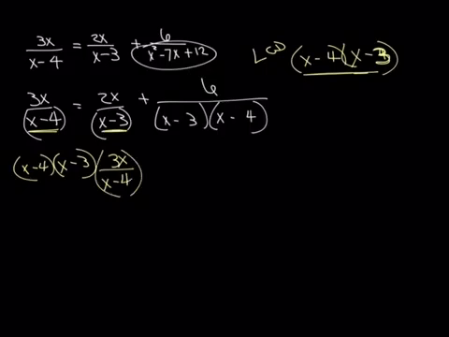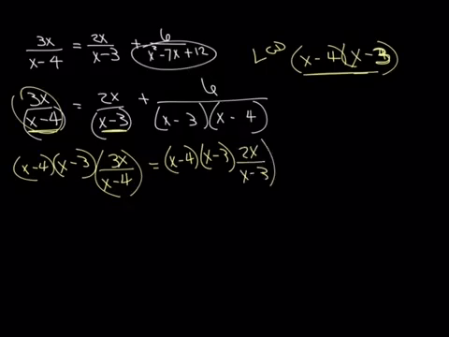Okay, so multiply the least common denominator times that, and we'll do the same thing here. Okay, and we'll do the same thing with the last set of numbers there, if I have room.